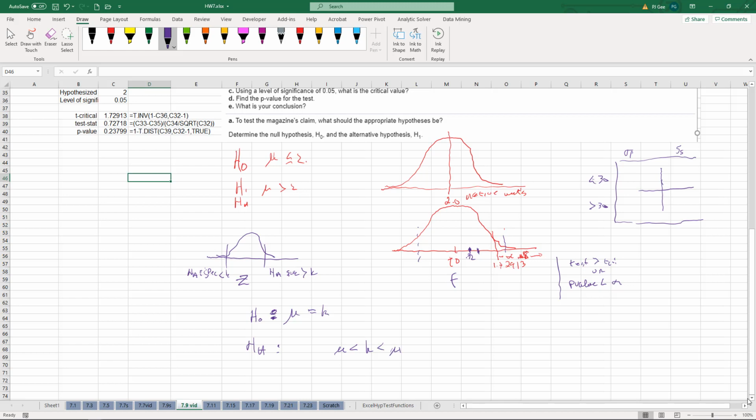That's the two-tailed test. And pretty much all you need to do is divide alpha by 2, because you need to spread the alpha. Remember, alpha is a probability. You need to spread it equally in the low and high tail. So that's basically how you handle all these problems.